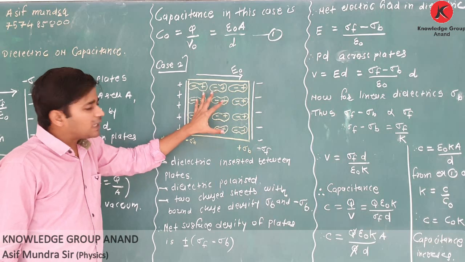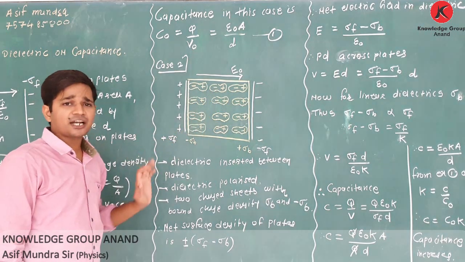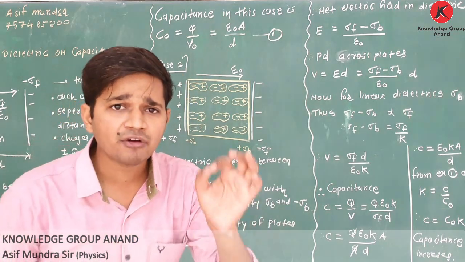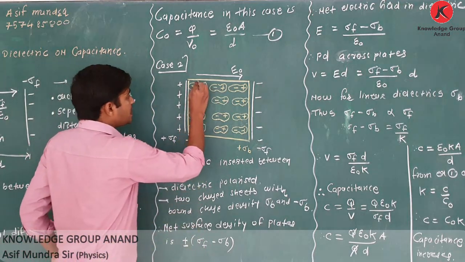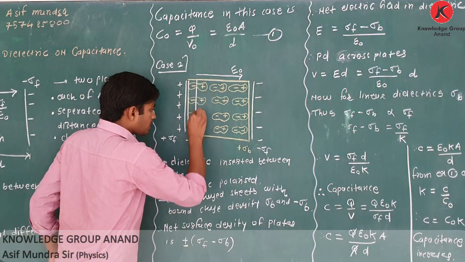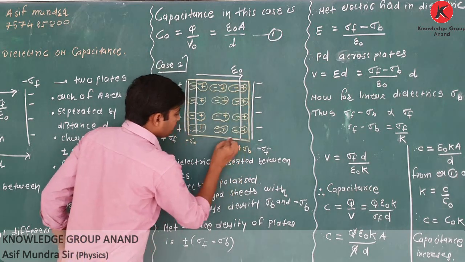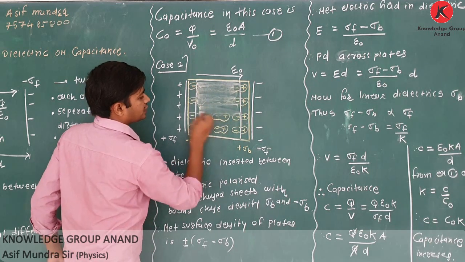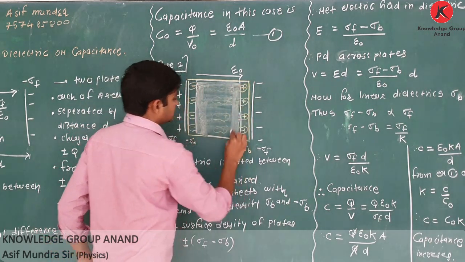If a dielectric is placed, we know the behavior of polar and non-polar dielectric in an external electric field. Each and every molecular dipole will align in the direction of the electric field. Yes or no? Yes. And in this situation, all charges inside the dielectric will neutralize each other. Yes or no? Yes, they will neutralize each other.